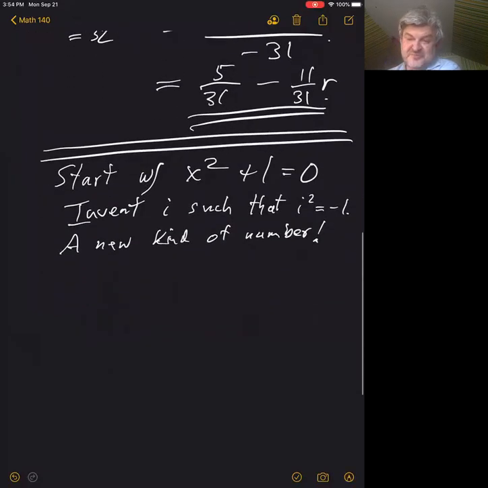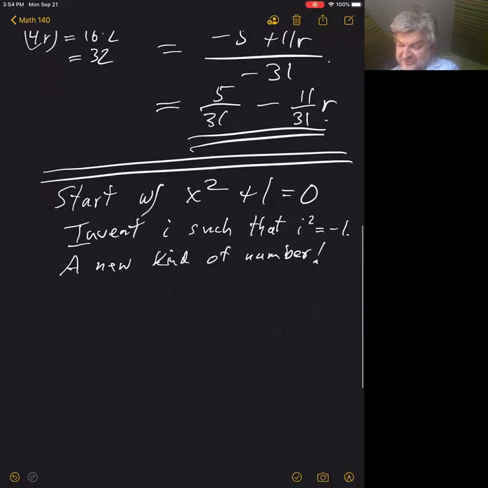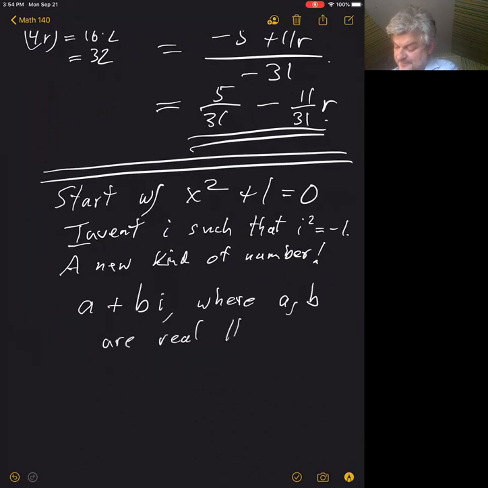And then you can form those sums and multiples, and they're also not numbers that we know. So we can do a plus b times I, and they will all be numbers that we don't know unless the b is actually 0, in which case you get the old real numbers back.